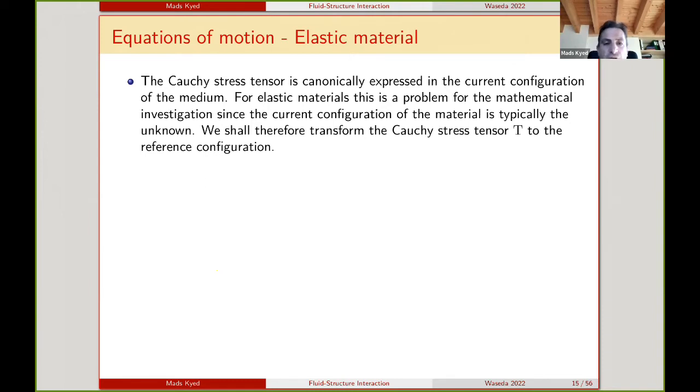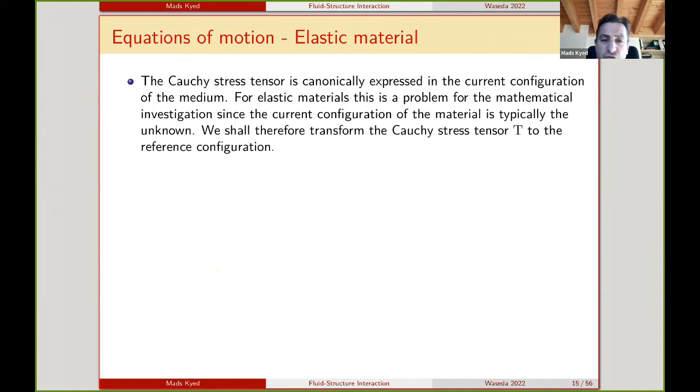When we work with deformable materials, this is a problem for the mathematical investigations, because the current configuration is an unknown. We don't know the deformation. That's what we usually want to find out, how an elastic material deforms. So if we don't know the deformation at the outset, then we don't know the Cauchy stress tensor at the outset, and so how are we going to get equations of motion? So that's the problem I'm describing here.